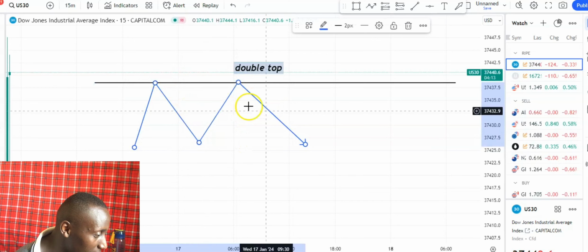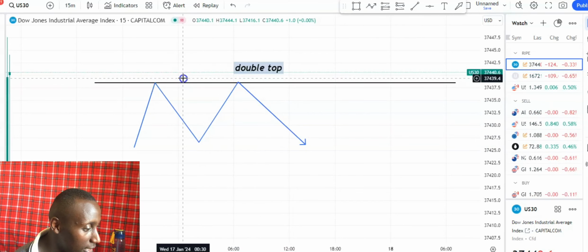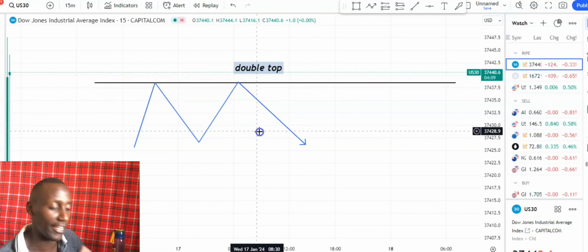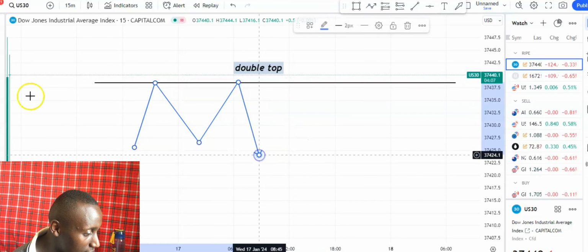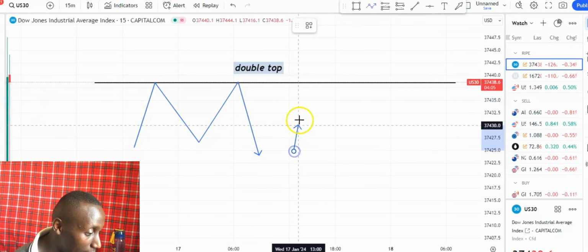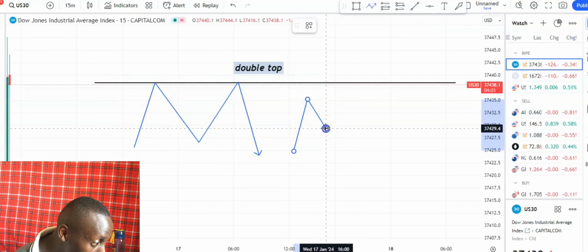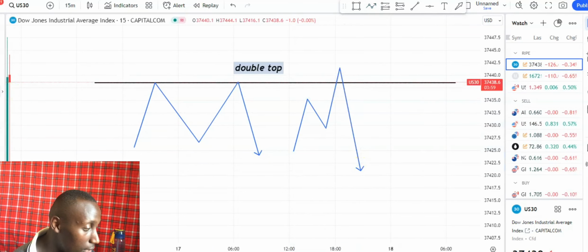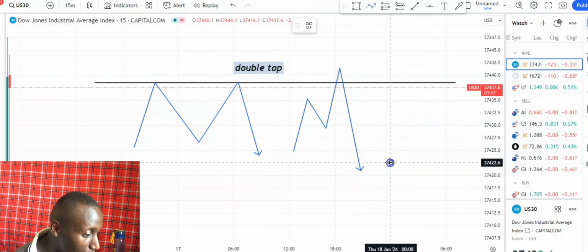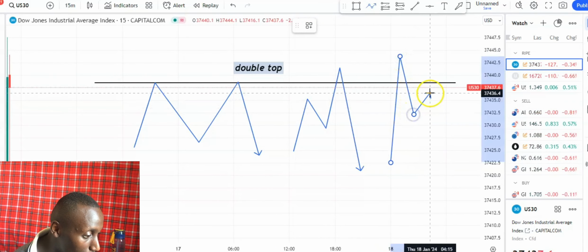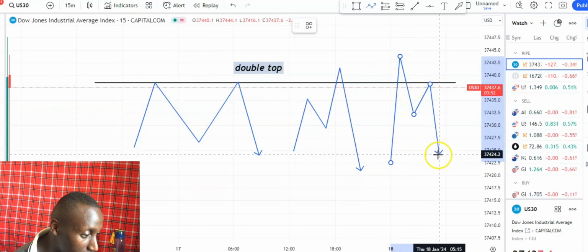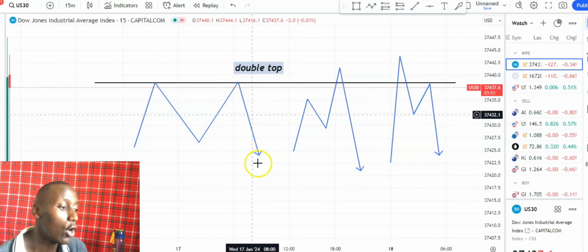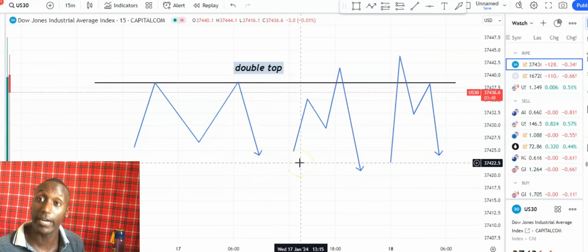So the tops are symmetrical and they are of the same length. We have another scenario where you can have a double top that looks like this. We have another scenario where we can have a double top that looks like this. All these are variations of the double top.